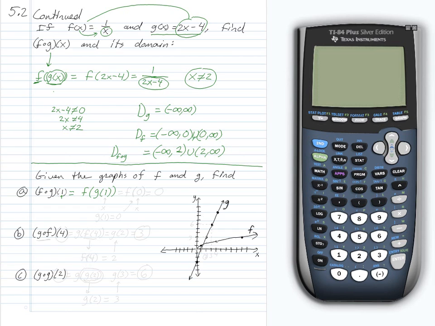Now, if we view it in this way, we can very easily tell that we need to know what g of 1 is. Alright, now our g is our line here. So g of 1, if we look on the graph, we're looking for the x value of 1. What is the result? What is the y value associated with that? Well, g is 0 when x equals 1.